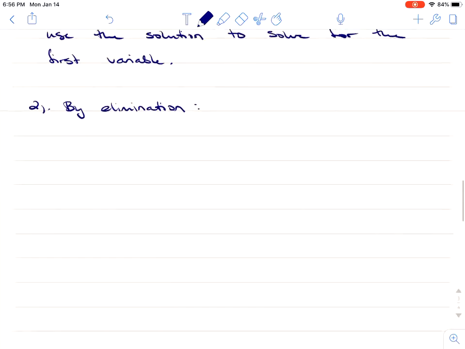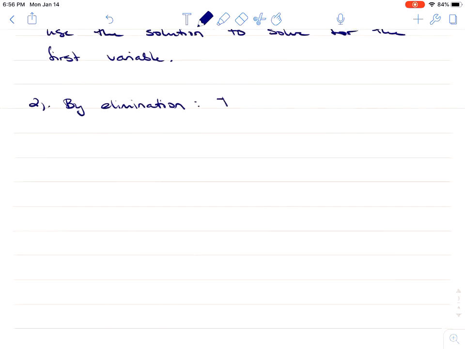But here in words is what we're doing. Take a multiple of one equation and add or subtract it to the other equation in order to eliminate one of the variables.